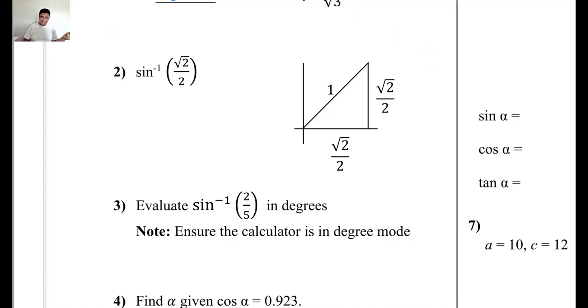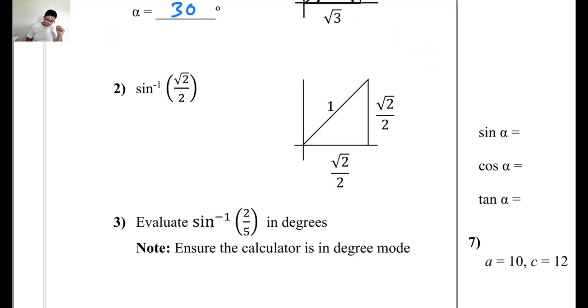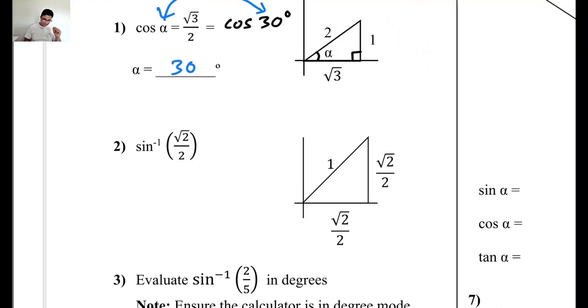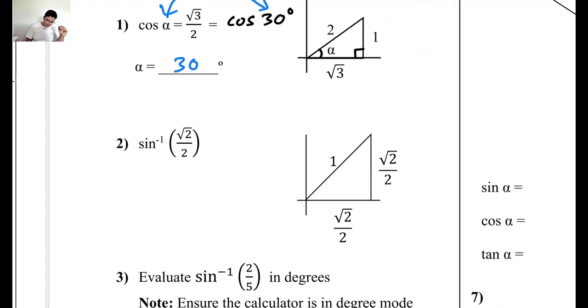A similar question can be rephrased like this. Instead of asking you to find alpha from sine alpha, it could be given as sine inverse of that. Okay, that's a notation. So evaluating sine inverse of root 2 over 2 is basically asking this question.